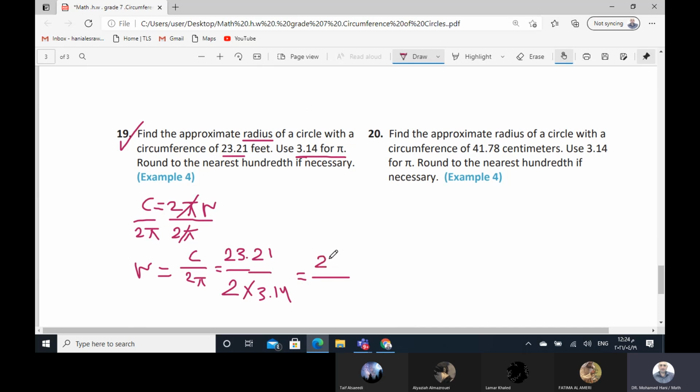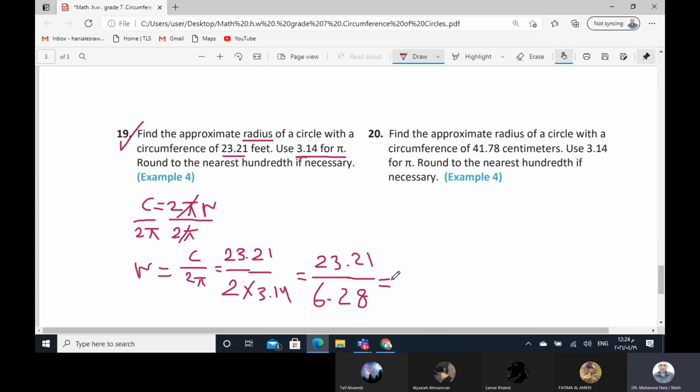So up we have 23.21 and down we have 6.28. Now we want to divide 23.21 divided by 6.28.